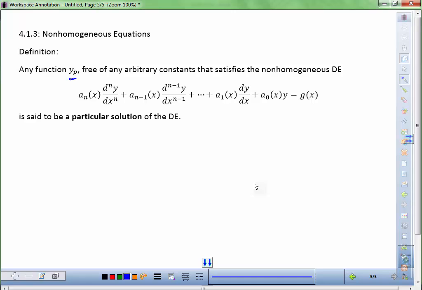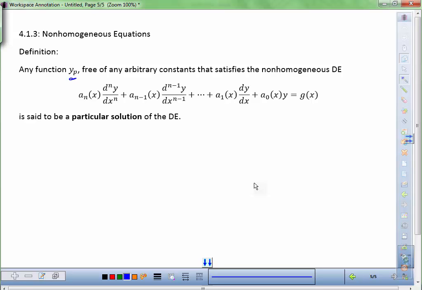Now, the kind of tricky part is that when we think of particular solutions, we think of solutions with an initial value problem. But this isn't quite the case yet, because we're not necessarily dealing with initial value problems here. We're just saying that if we don't include any constants, this is free of arbitrary constants.